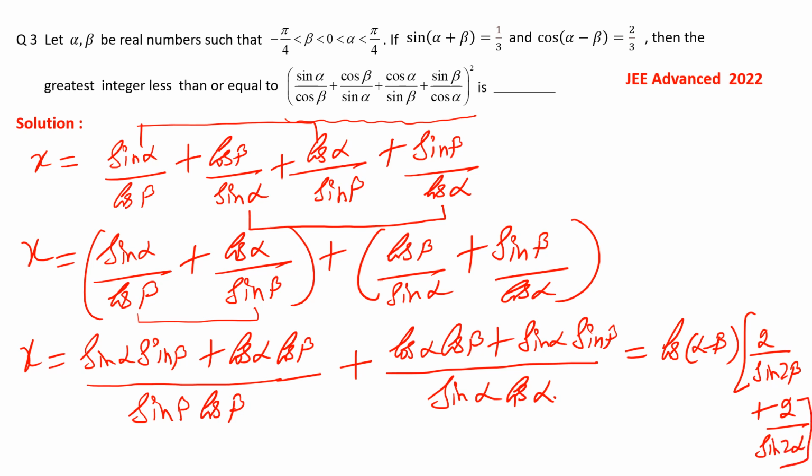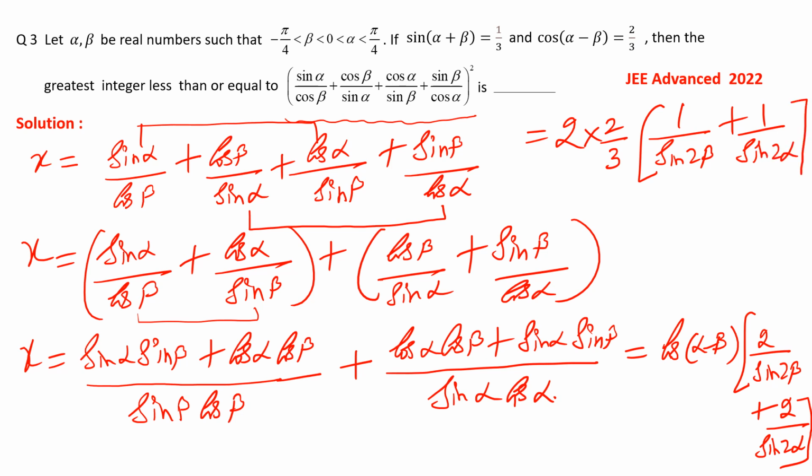Just multiply up and down by 2, right? So that means now this can be written as 2 into cos of alpha minus beta, which is nothing but 2 into 2 by 3. And in the bracket, I will be getting just 1 upon sine 2 beta plus 1 upon sine 2 alpha.